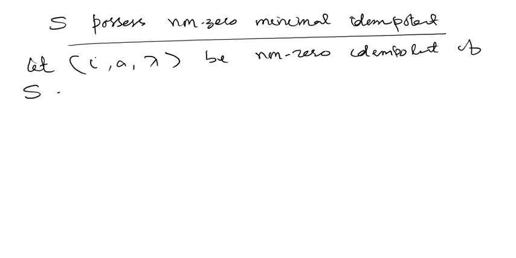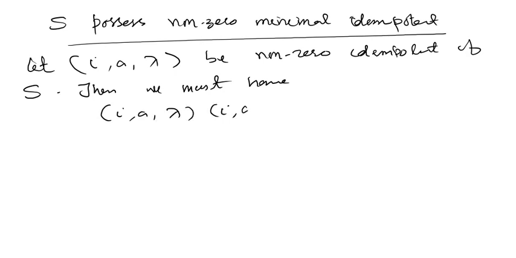So let this be a non-zero element of S, and it's an idempotent. Then we must have this thing, I a lambda, this must be equal to I a lambda, because it's an idempotent. But here you can apply the definition, it's here I and lambda.